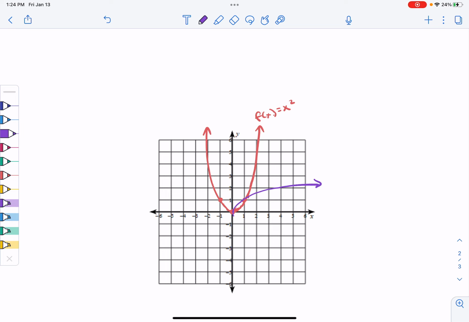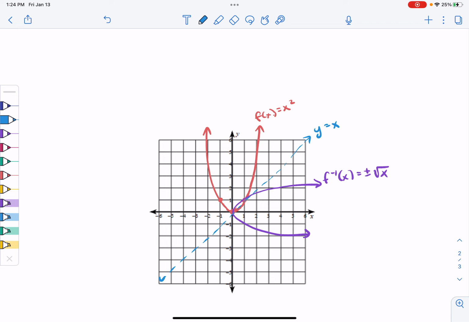Sorry, our inverse relation. I should not have said function. The inverse of x is plus or minus the square root of x, right? Now, these, just like we saw, have been reflected over the line y equals x, okay?